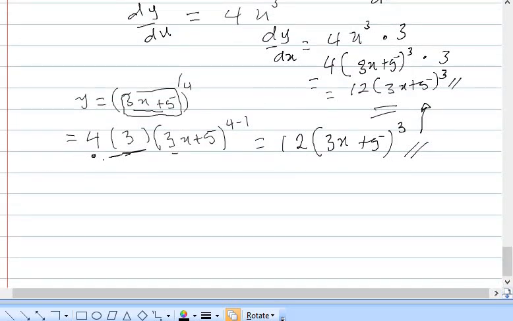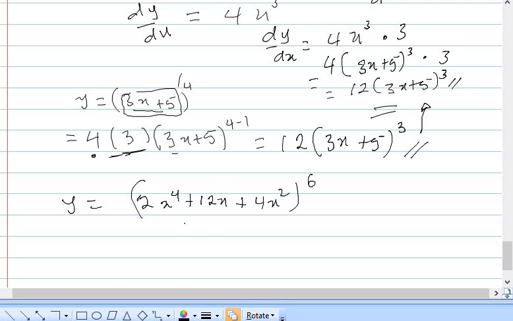So assuming another question is given, let's take another one. y is given as 2x power 4 plus 12x plus 4x square, whole power 6.